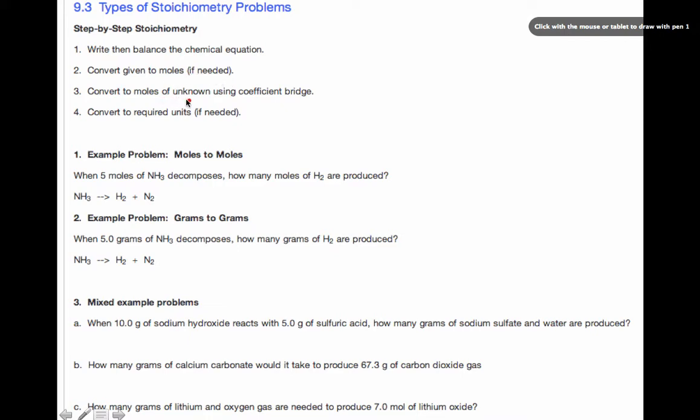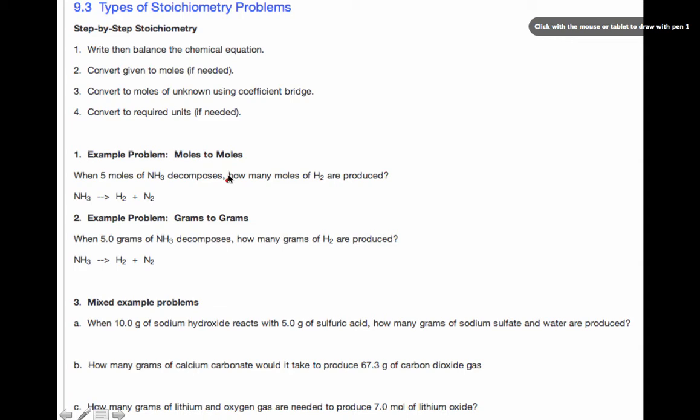We do so by looking at the coefficients of the reaction equation, and we create a ratio to say two of these combined with one of those, and that's how we cross over to talk about the other compound and do some calculations. And then finally, if we're asked for grams, for instance, we'll have to convert from moles to grams of the final compound.